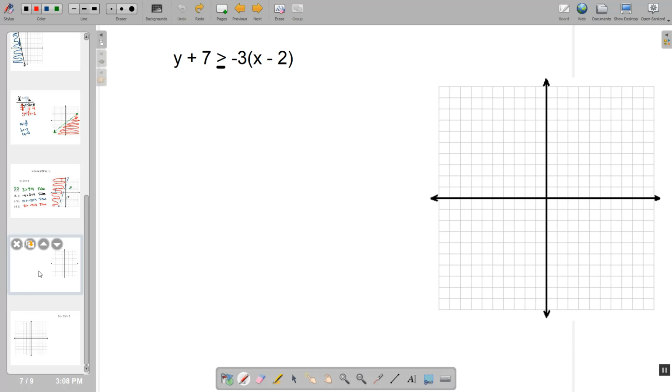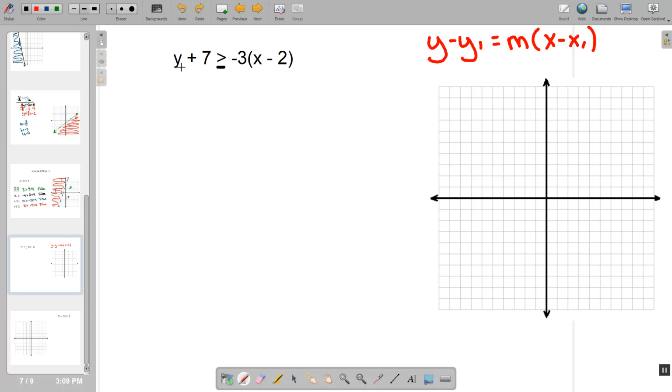Let's do a couple examples. This line is written in point slope form. If we remember, point slope form is y minus y1 equals m times parentheses x minus x1. It's always tough to write and talk at the same time.